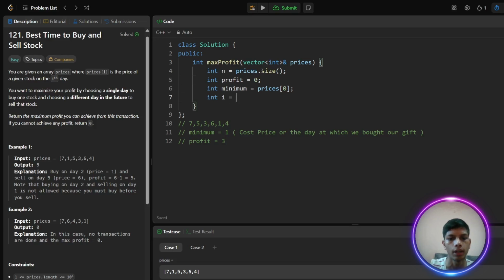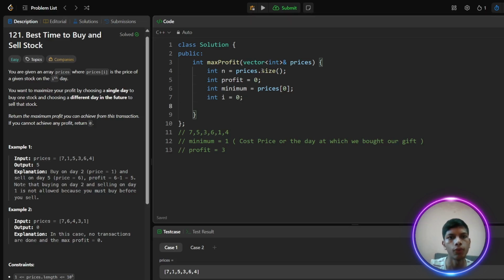Now I will make a while loop for this, and I will check from the first day, because the 0th day I put in the minimum, which means it is the day in which we bought the gift. So we will check another day, whether we can sell it at that day, or we have to switch our minimum.